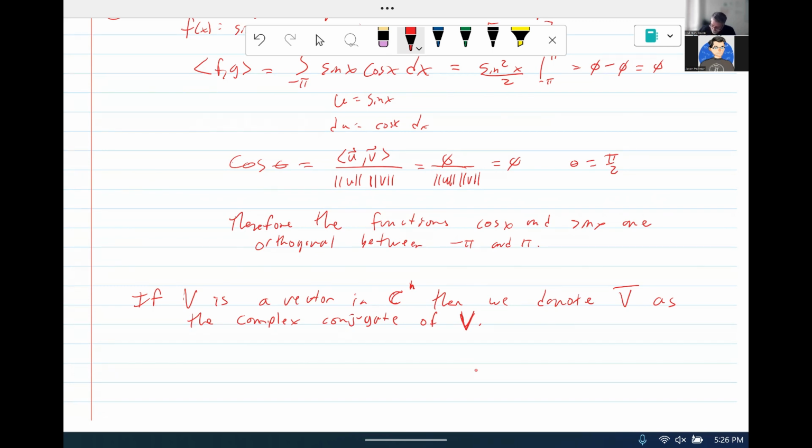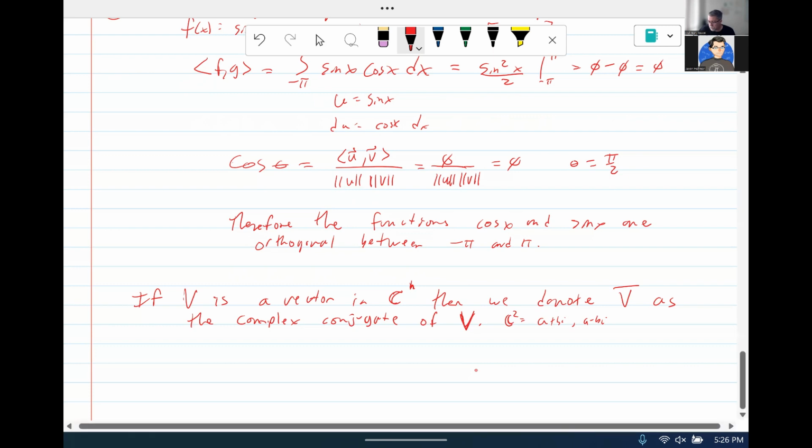In C2, that would look like, in 2 dimensions, C2, that would be a plus bi, a minus bi. Let's see, one. I think that's just C1 actually.